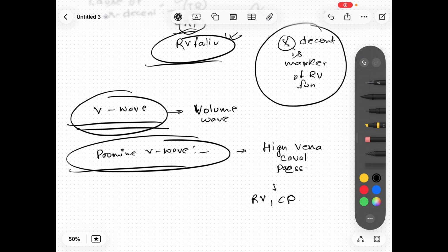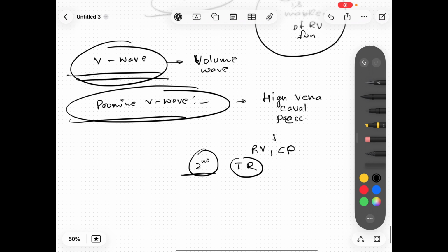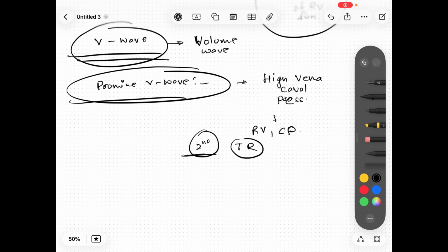Or second cause, same, tricuspid regurgitation. Why tricuspid regurgitation? This is RA, this is RV. When RV is in systole, in tricuspid regurgitation, RV regurgitation occurs and RV transmits pressure to the RA, which leads to the more prominent V wave.